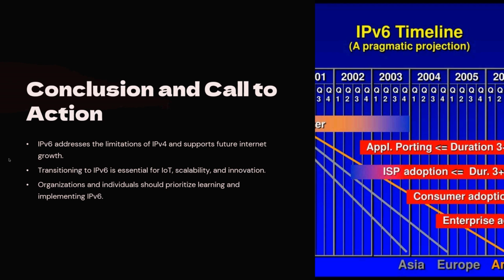That is one of the smoothest ways to do it. It takes more time, and also dual stack means you have more bits and bytes going across your exact same infrastructure, because you're now running an IPv4 stack and an IPv6 stack simultaneously. So you have to think about capacity for that.